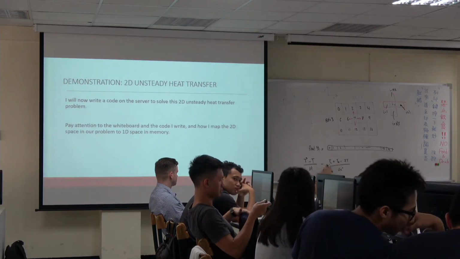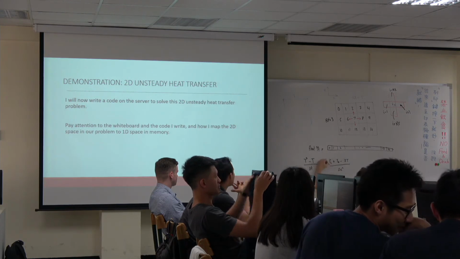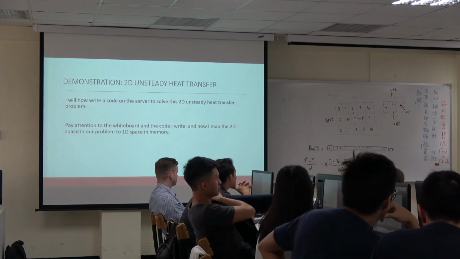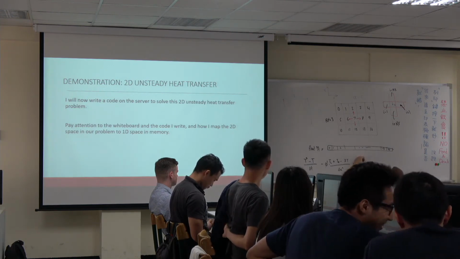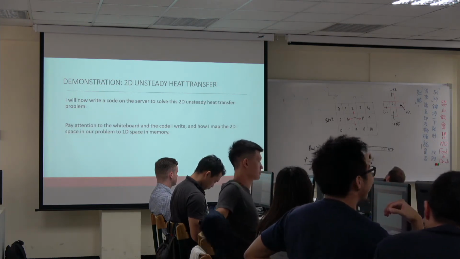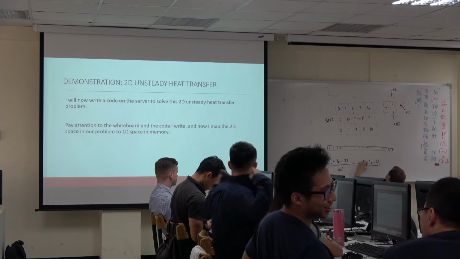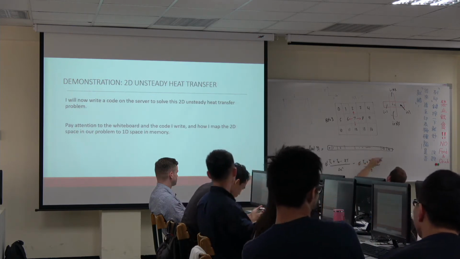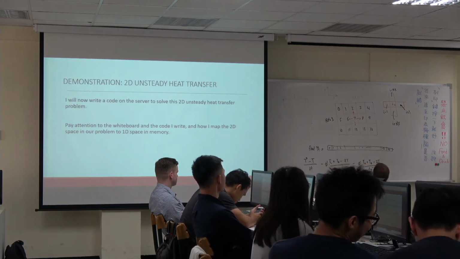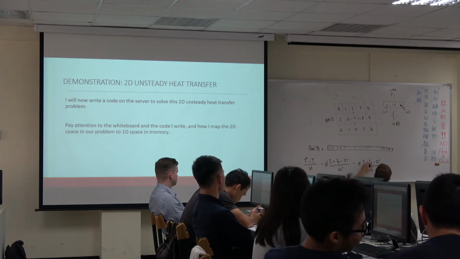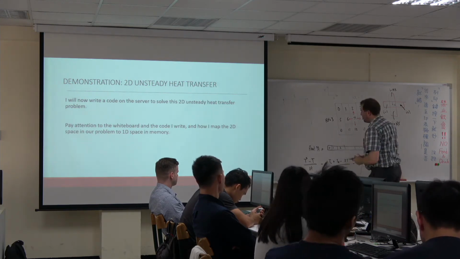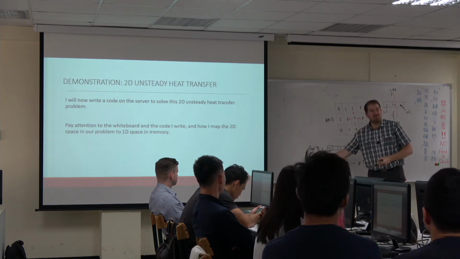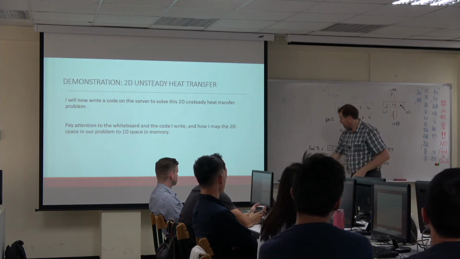This is times by some phi, minus possibly another phi, T up plus T down, take away 2T divided by dy squared. Equals 0. Our mission is to solve for the new T. That's our mission. So let's write the code.